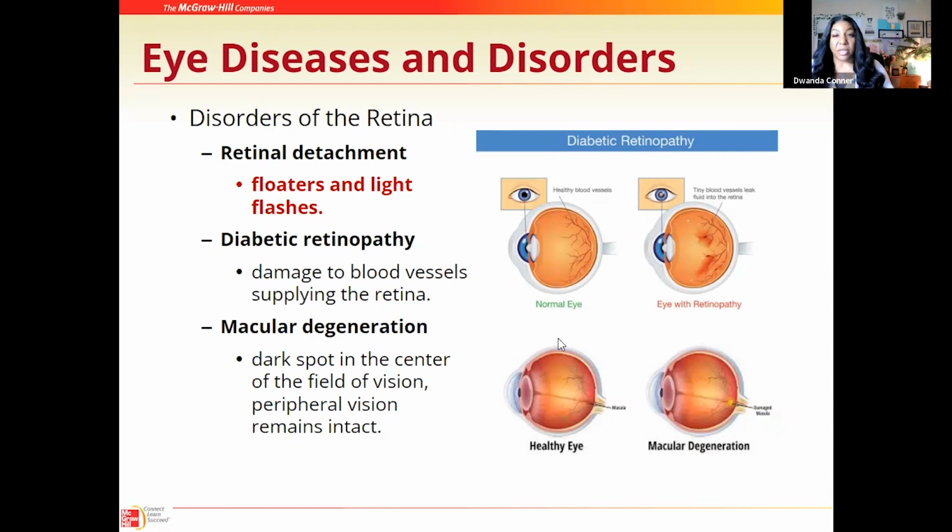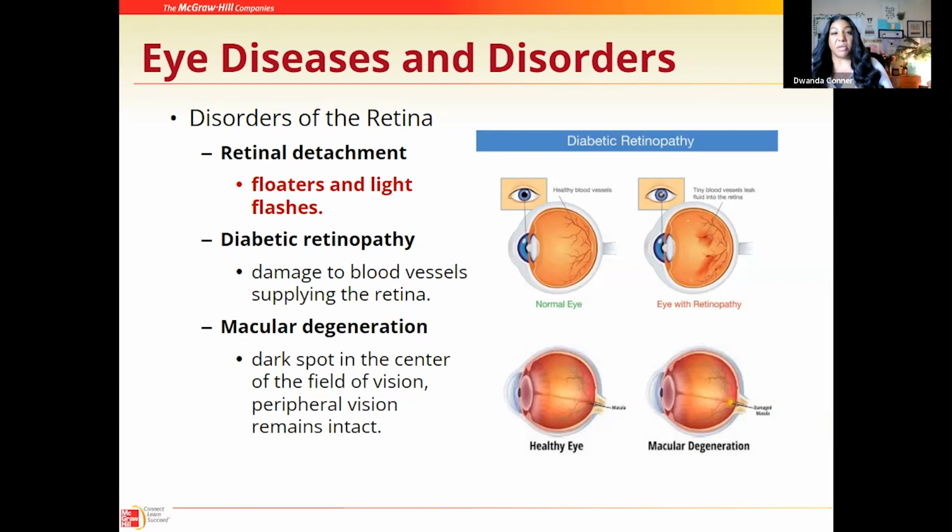And you can see here in the picture, this is a normal eye, and this is an eye with retinopathy. Retinopathy, also very similar to retinal detachment, is caused typically by diabetes. This is damage to blood vessels that supply the retina. So again, it's going to cause those floaters, white floaters you may see in your vision, or light flashes.